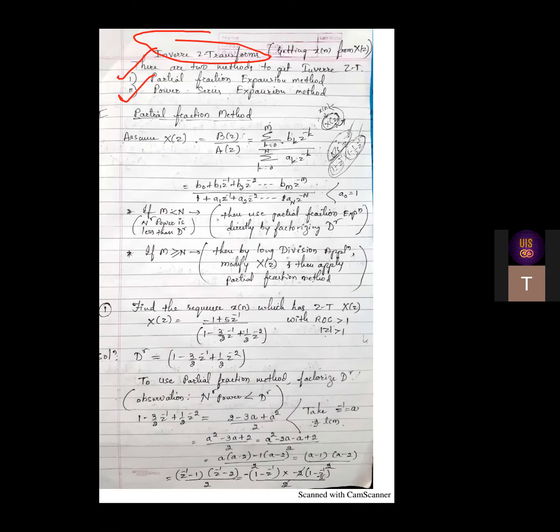Before going further with the problems, let us discuss the theory about this. Assume that we have a Z transform x of z, which is of the form B by A. What do you mean by this?